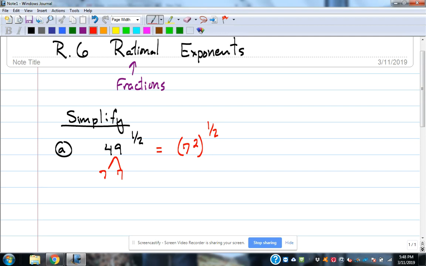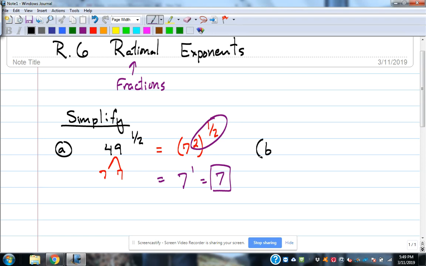And now the exponent rule that we can employ is parentheses, exponent on the outside says you multiply those two exponents together. 2 times 1/2 is 1. So we're saying 1/2 times 2, and that's going to give me 7 to the first power, which is just 7. All right, so we're simplifying a rational exponent of 1/2 out of that.